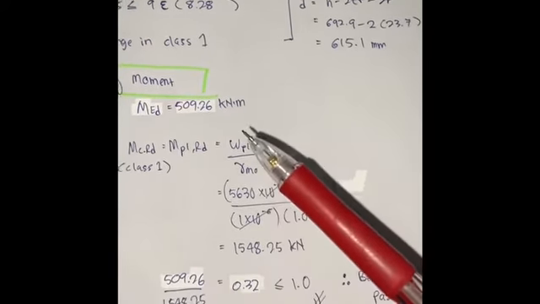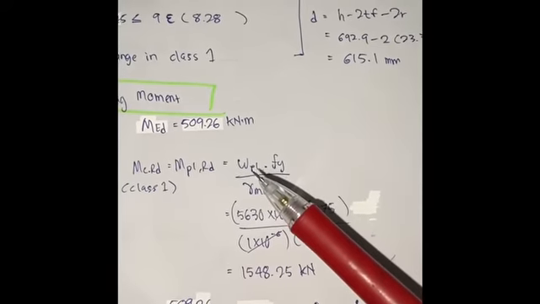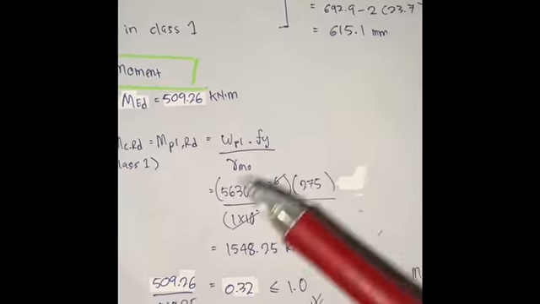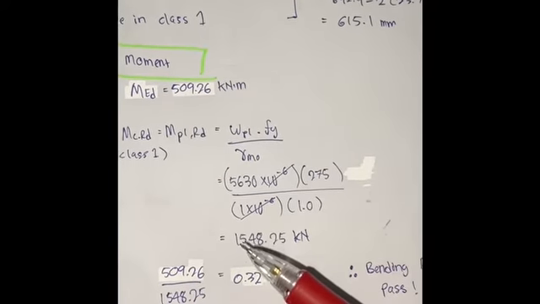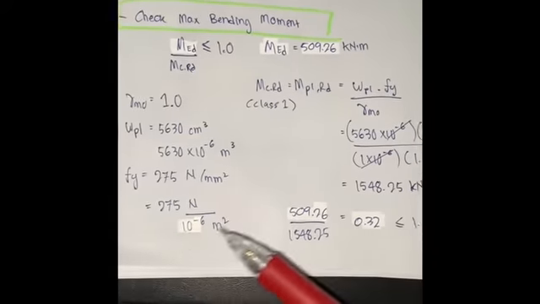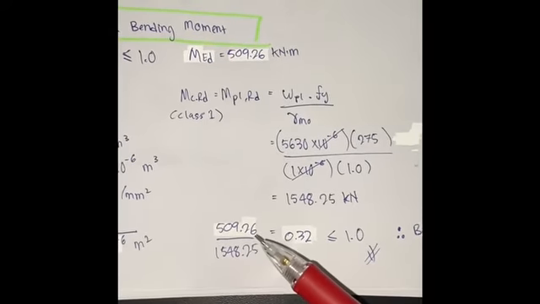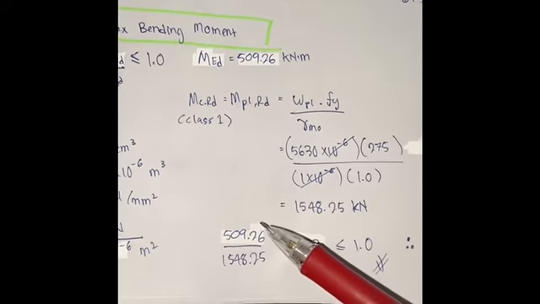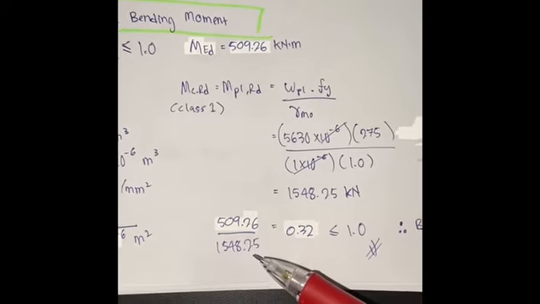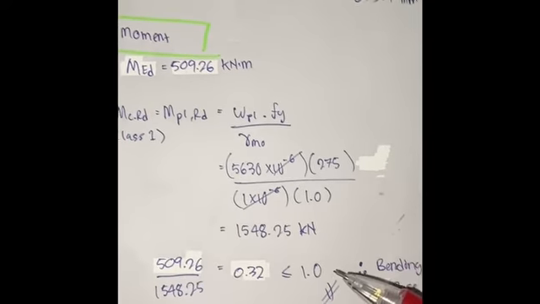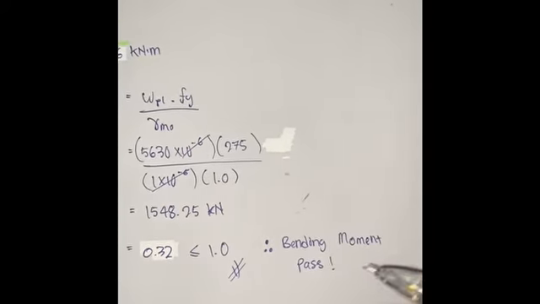So Wpl we get from the table of dimensions for the section that I have chosen. So we will get 1548.25 kN. So we have checked the maximum moment from the load. We divided it by the Mpl,Rd, and then we get 0.32, which is below 1.0. So the bending moment check is passed.